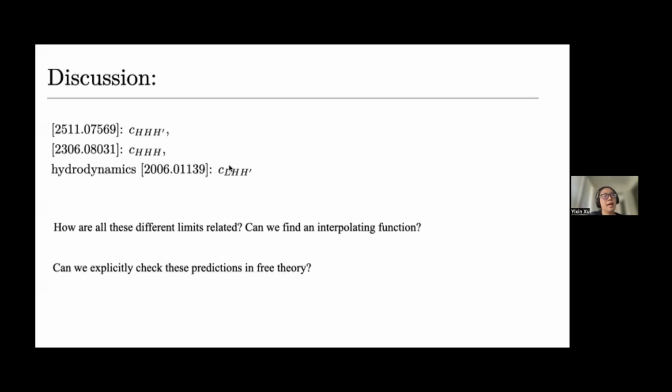but perhaps a more humble first step towards this goal is to check some of these predictions explicitly in free theory. And this is something I'm trying to do currently. I'm just trying to enumerate a lot of very heavy primaries and compute the OPE coefficients and also their thermal 1-point coefficients by doing a lot of explicit Wick contractions, and hope that we can verify some of these EFT-type predictions.